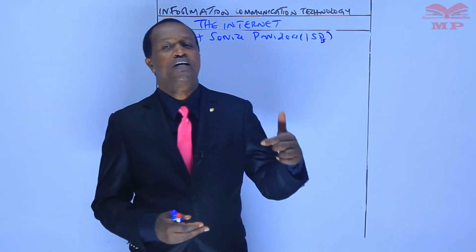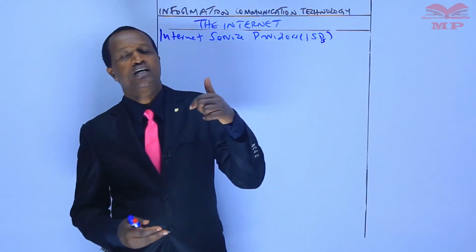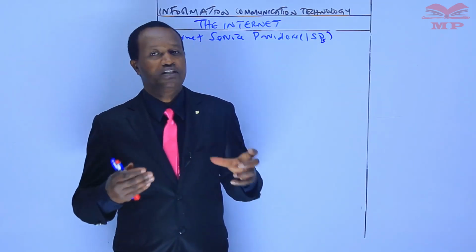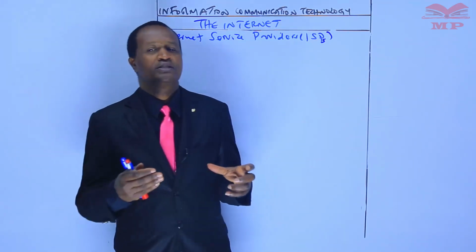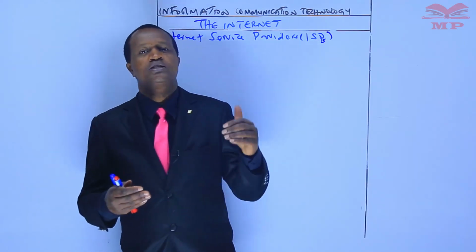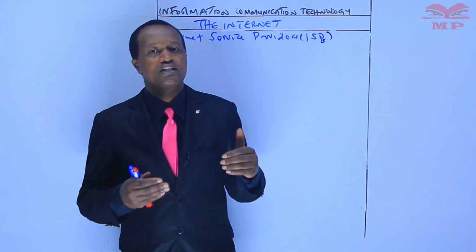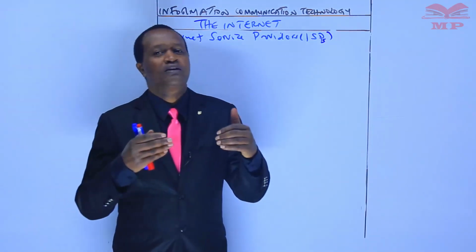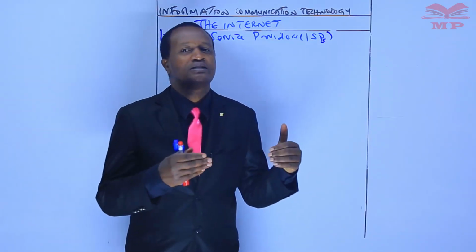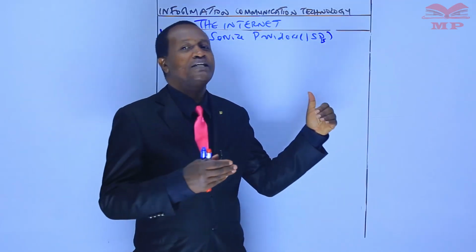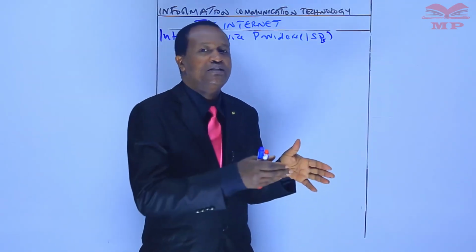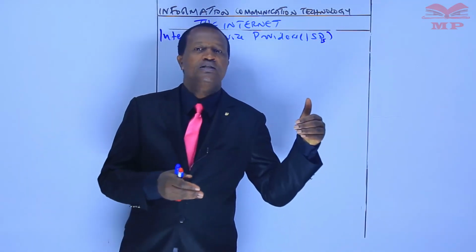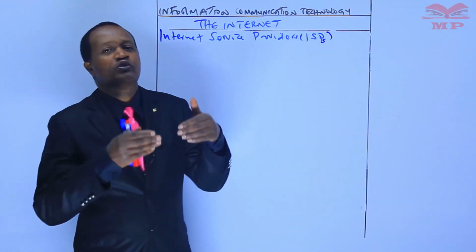Now, the ISP is a paid service which allows one to connect to the internet. Because unless you have a specialized line, other than a telephone line, one cannot directly connect to the internet using the normal telephone line.